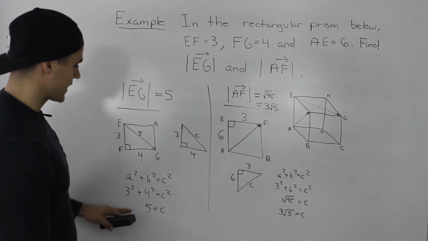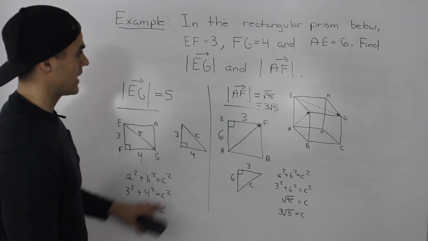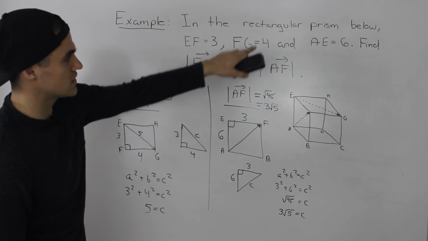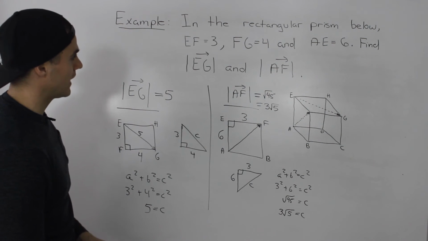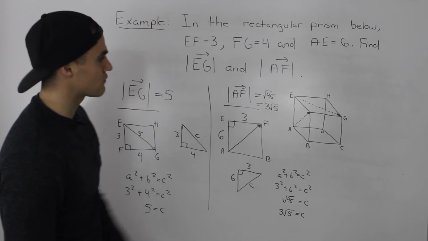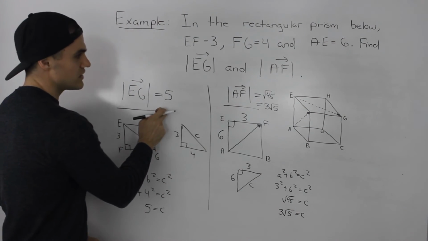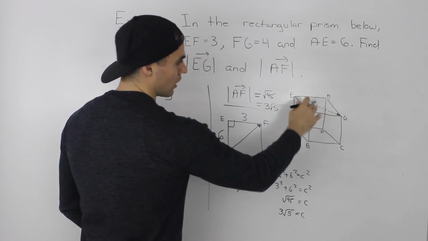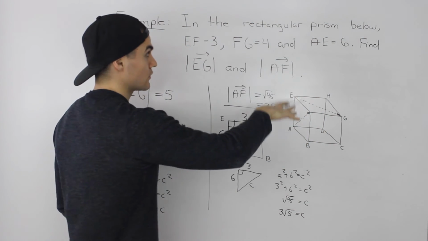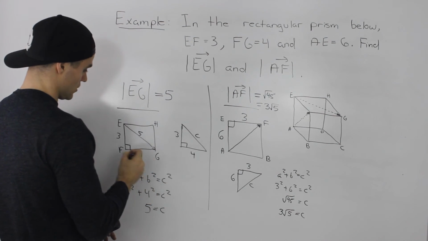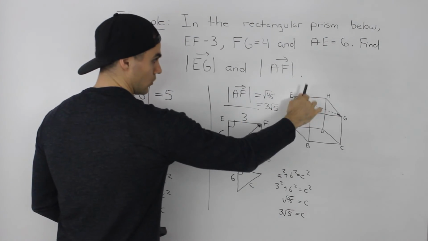Okay, so let's do a recap of what happened. So we had this rectangular prism. We were given the sides EF, FG, and AE, and we had to find the magnitude of vectors EG and AF. So starting off with EG, the vector would be the diagonal of the top face of the rectangular prism. So looking at it from a bird's eye view, we would see only this face.